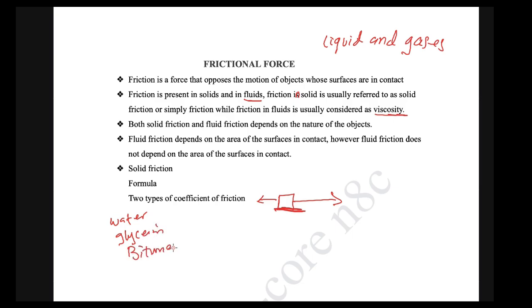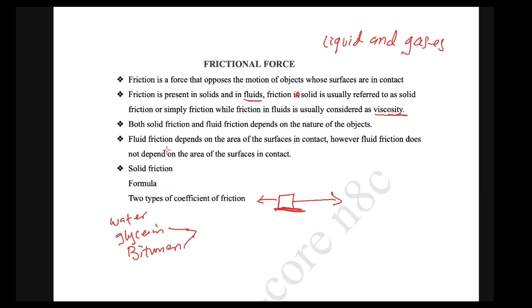Bitumen or glycerin is going to offer more viscosity because it has higher density compared to water. So the nature of the solid or the nature of the fluid determines how much frictional force is going to be experienced in them.